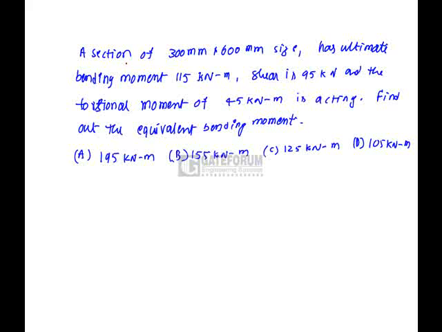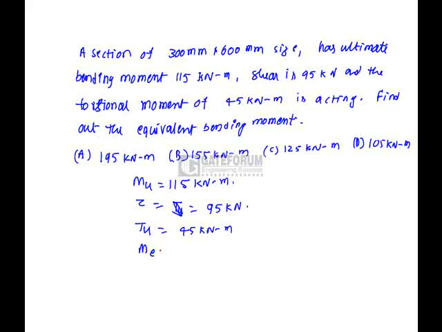So the question is, a section of 300 mm by 600 mm size has ultimate bending moment Mu of 115 kilonewton meter, shear Vu is 95 kilonewtons, and torsional moment of 45 kilonewton meter is acting. Find out the equivalent bending moment.